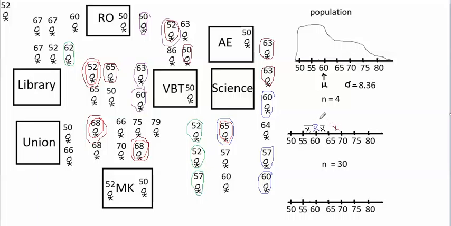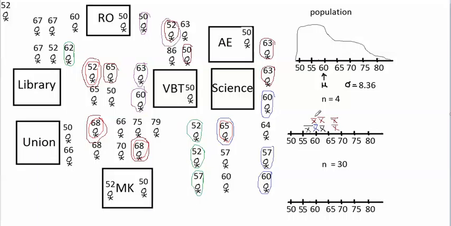So imagine all of those sample means in a graph like this right here. Now this graph doesn't actually exist, but just imagine that each of these sample means are inside of a distribution right here. So all of the possible samples of 4 people that have a sample mean of 60 are stacked right here.